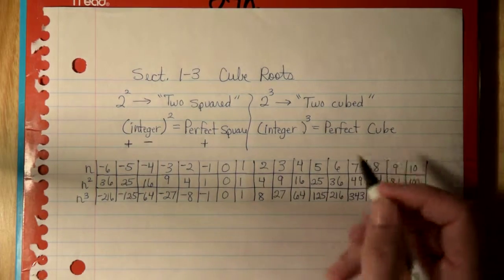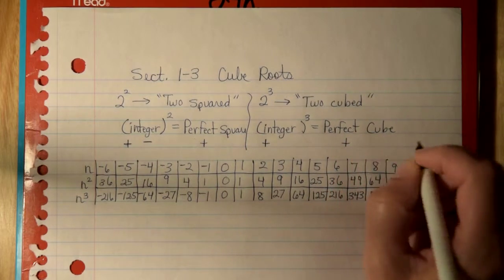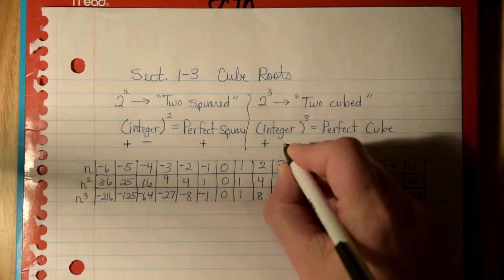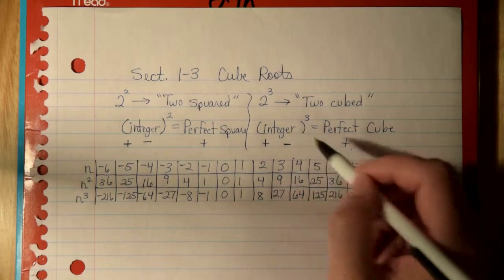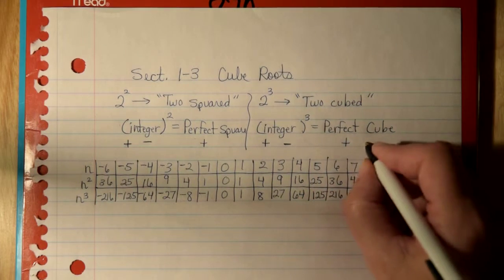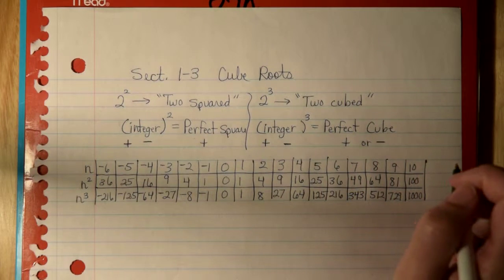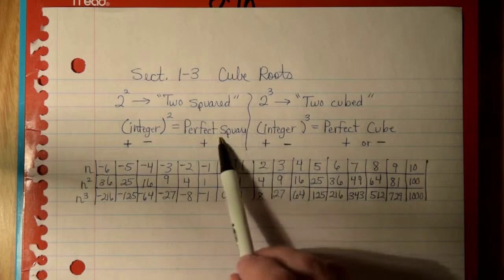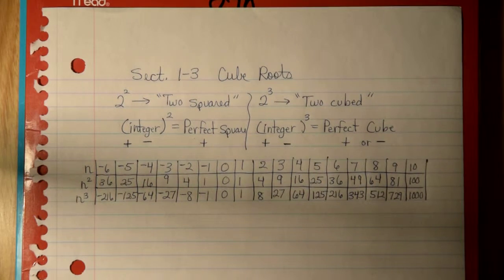Now if you cube it, if I have a positive integer and I cube it, of course it's positive. But if I have a negative integer, like -3 for example, and I cube it, that's going to come out to be negative. So perfect squares are always positive, but perfect cubes could be positive or negative.